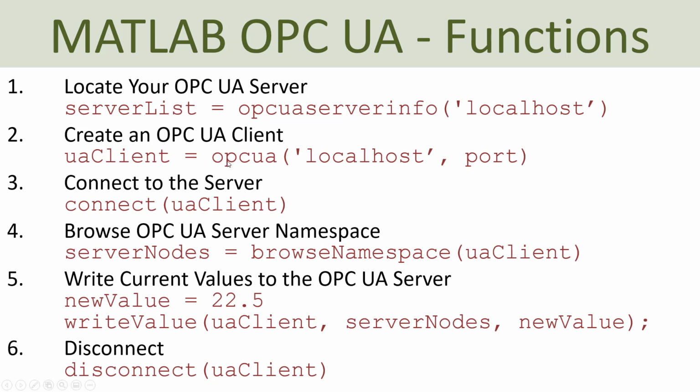You create an OPC UA client, you connect to the server, you use the browse namespace in order to specify which tag you are going to use, and then the only difference now is that instead of using read value, we are going to use write value. So then I specify a specific value here, in this case just 22.5, and then use write value in order to write this specific value to the OPC UA server. And then I finally disconnect.